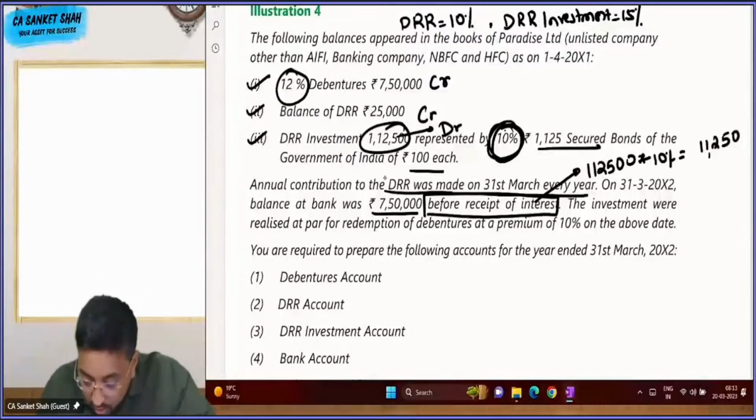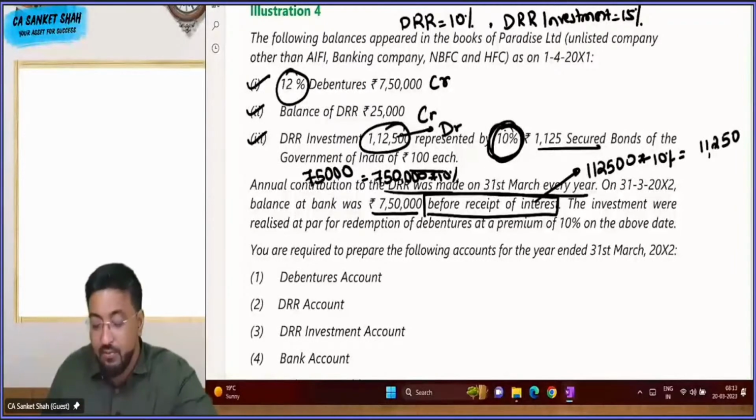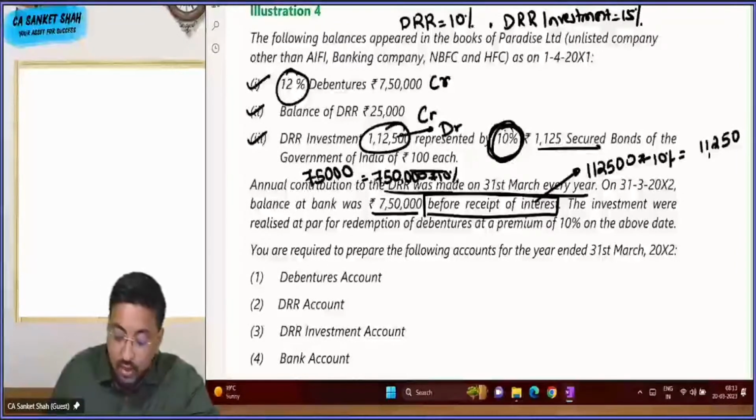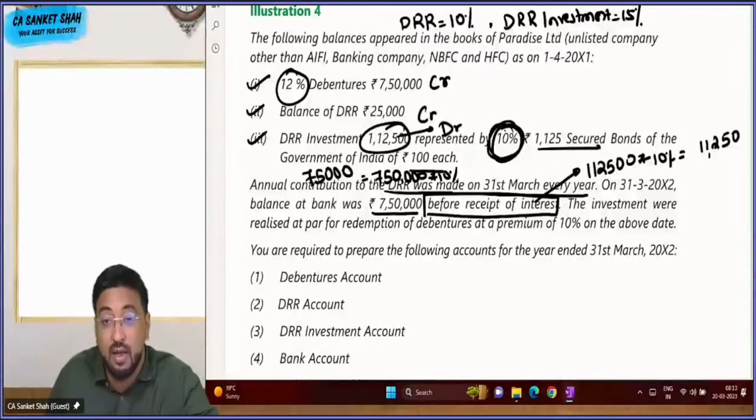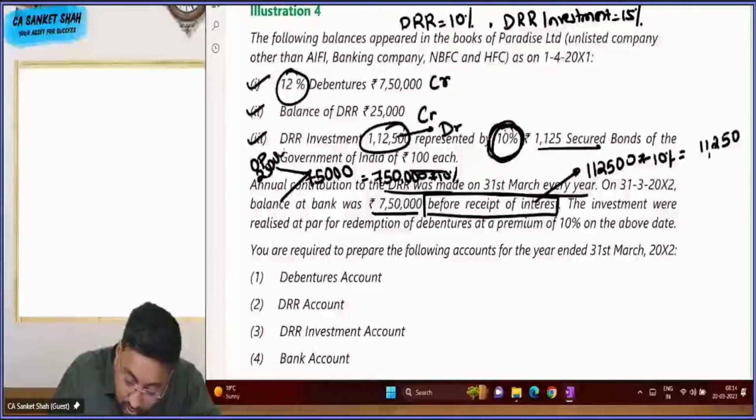So annual contribution to DRR was made on 31st March every year. So how much contribution, beta? So why did ICA give this question? 10% of 7,50,000. So 75,000. What is the annual contribution? 75,000. Out of that, already made 25,000. So out of that, 25,000 is already there in opening. So how much will be in the current year? 50,000.